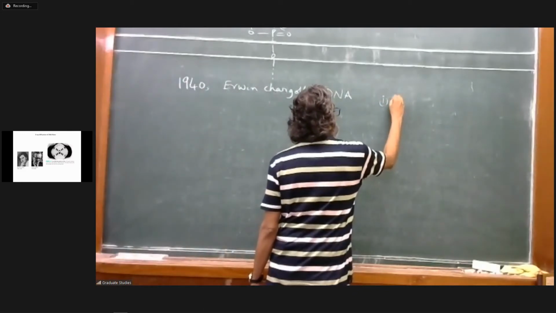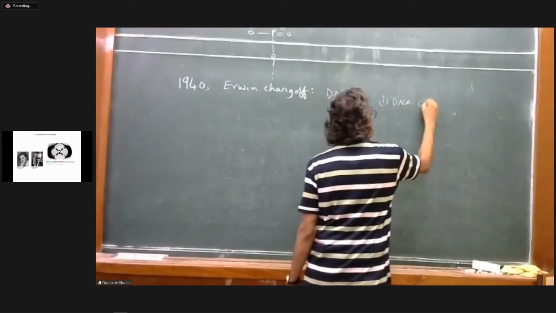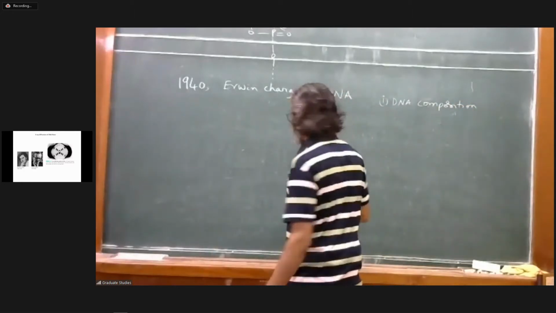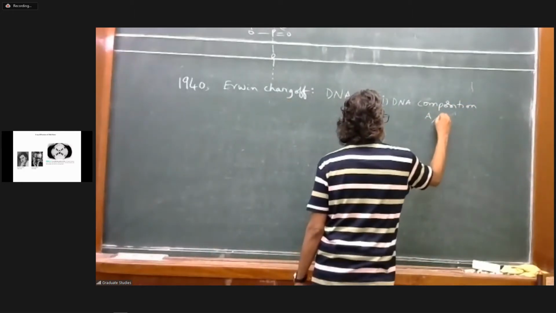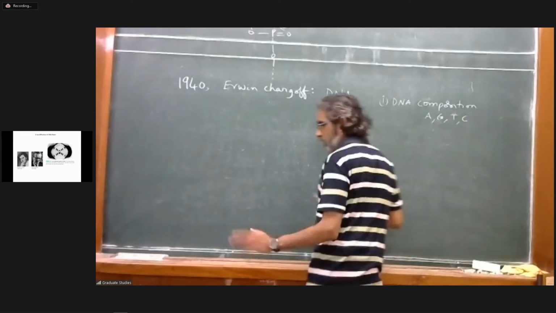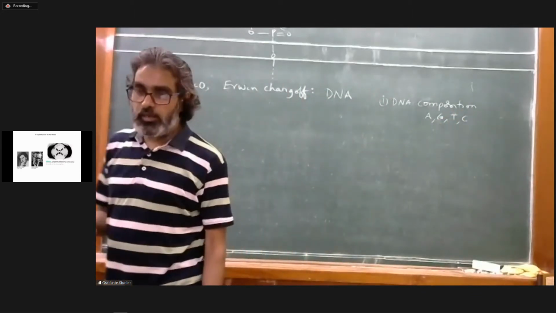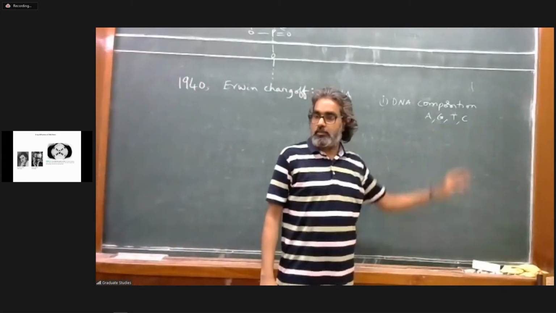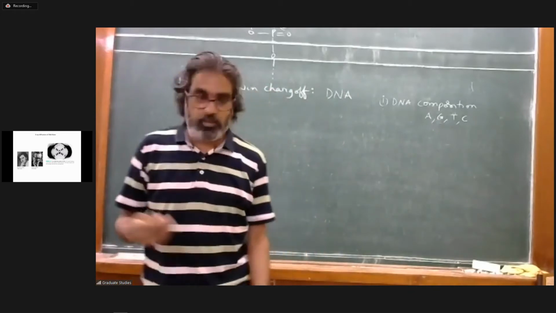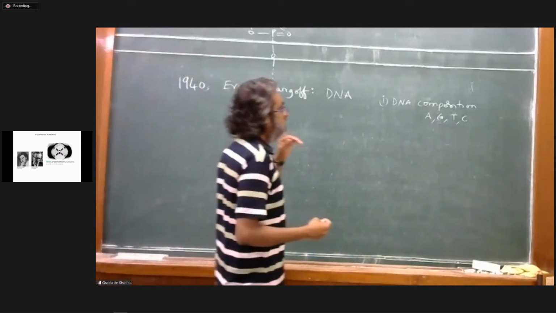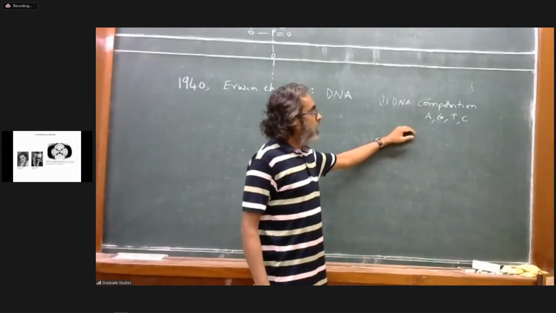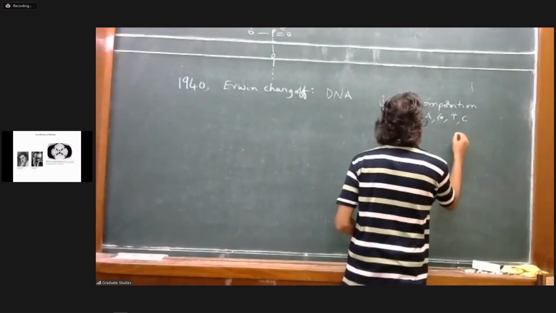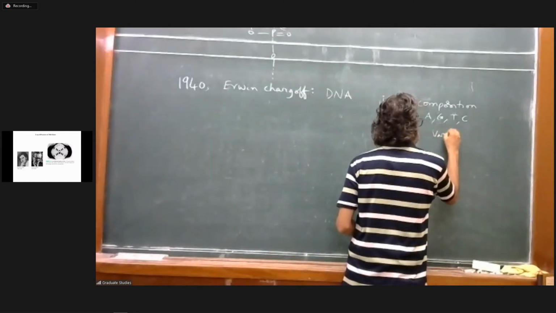Okay, so this DNA composition, of course, by then we already know that DNA contains only A, G, T, C nucleotides. So you could really measure the content of A, G, T, C, and their relative stoichiometry. So what are the observations he made? One, he observed that the composition of DNA varies from species to species.